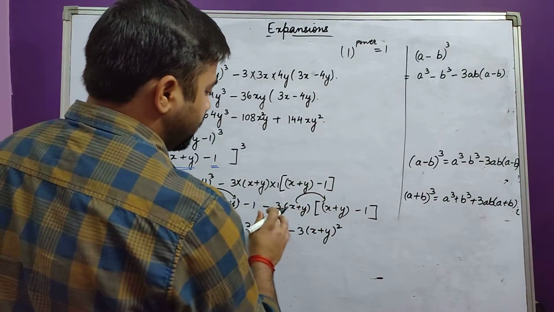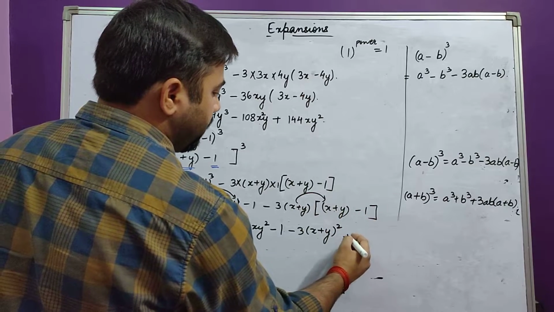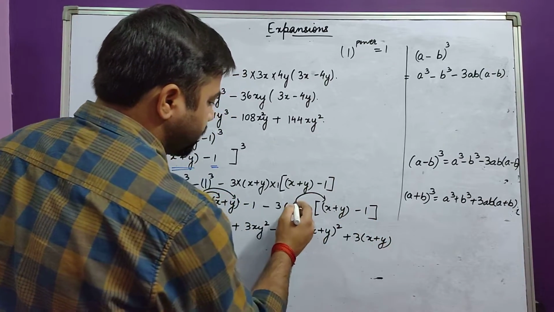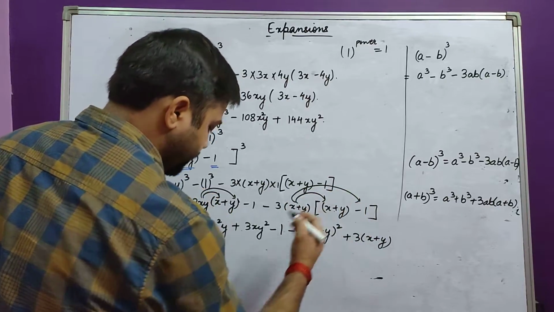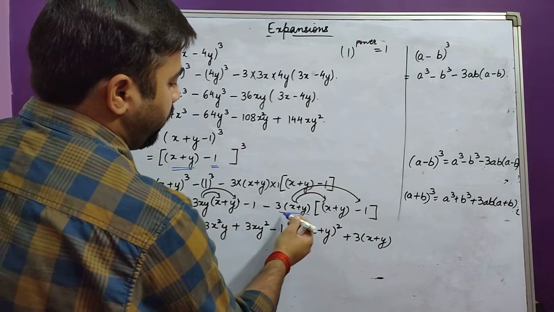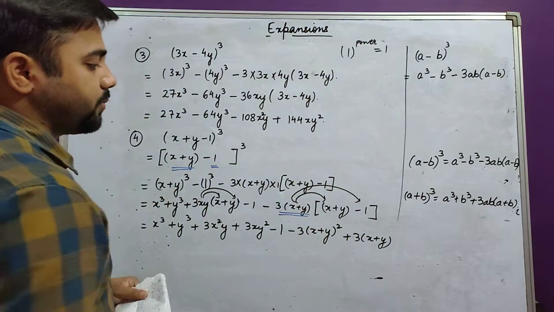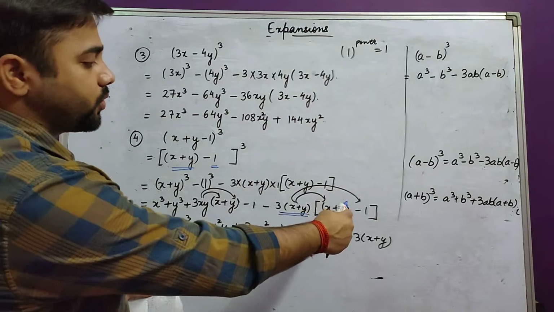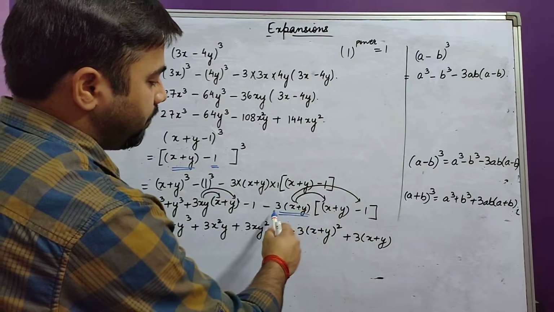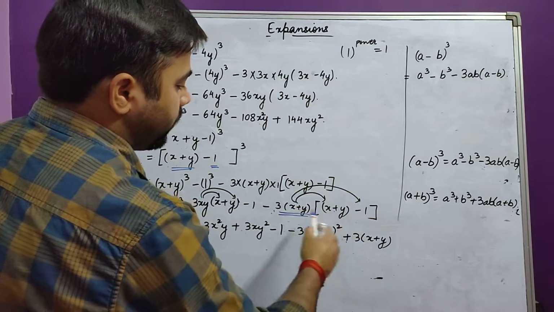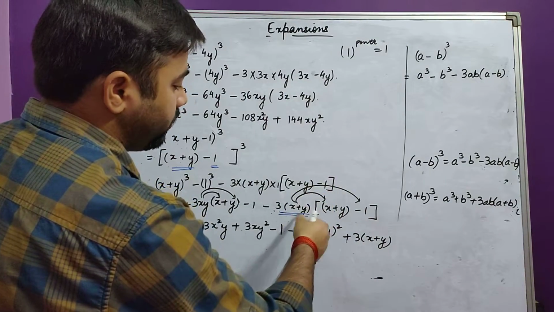This into this, minus minus is plus 3 within the bracket (x plus y). Just see over here, this was the term, 3(x plus y). We have first of all multiplied by (x plus y). We got 3(x plus y) whole square. And then minus minus was plus 3(x plus y). 1 is multiplied with this.